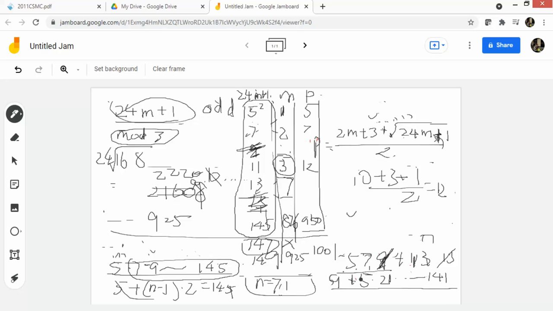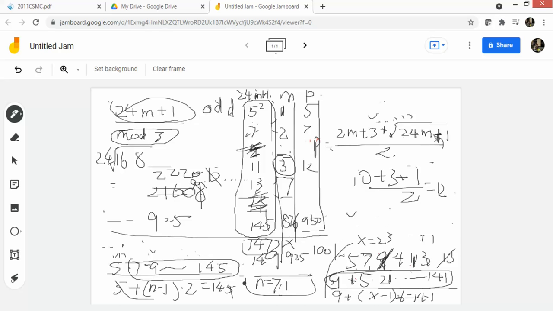Basically each time plus 6, so 9 plus 6 times x minus 1 equal to 141. So this is 132, x will be 23, right? x will be 23.